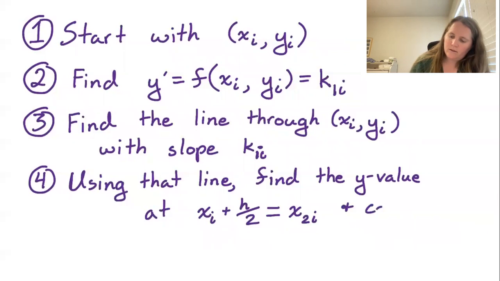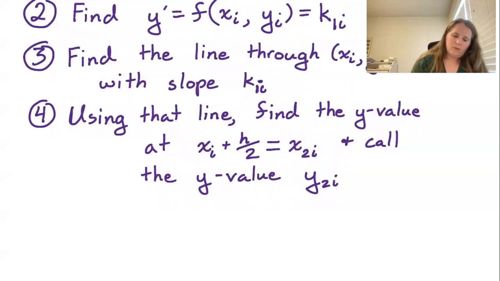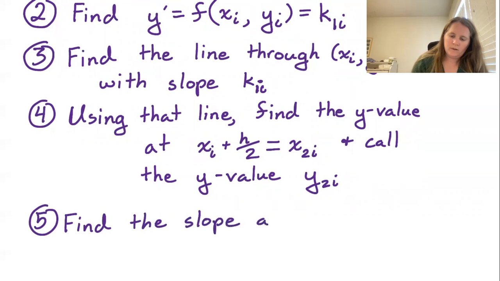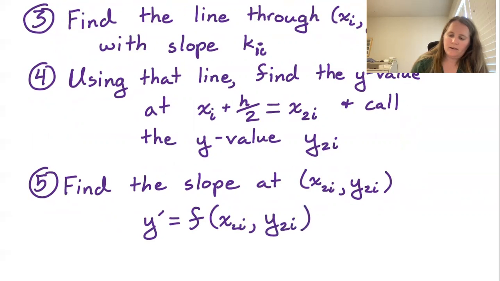And call the y value y2i. From here, now we'll find the slope at x2i, y2i. So this will be y prime is f of x2i, y2i. And we will call that k2i. There's our second slope.